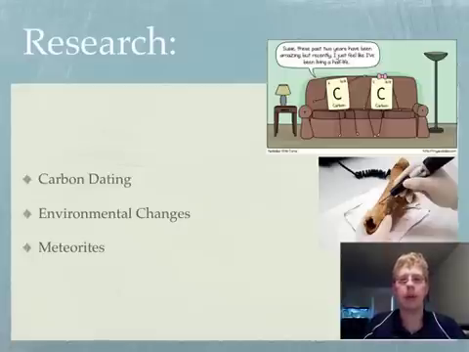So carbon dating makes use of a certain amount of carbon-14 that's found in your body and in bones, and this decays over time to carbon-12. So based on the amount of carbon-14 that's left over, scientists can determine how old something is. Oxygen dating works the same way. We also use isotopes to determine how old a meteorite might be that has come to Earth.